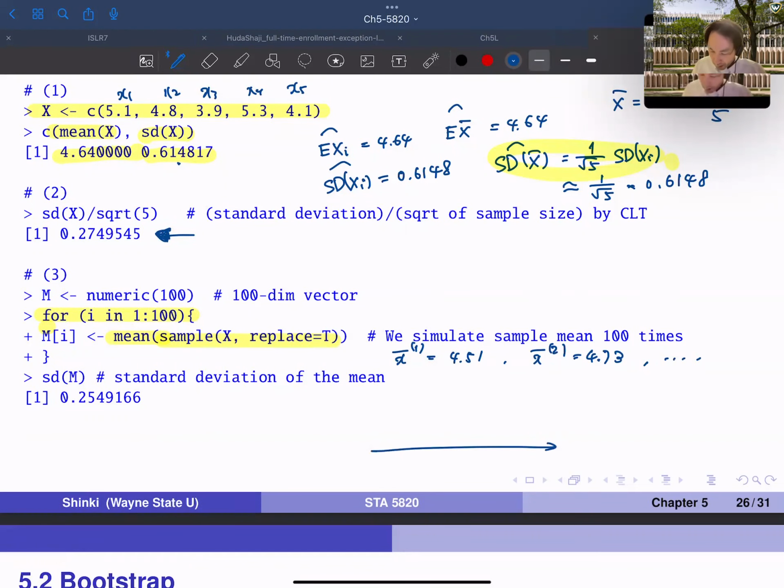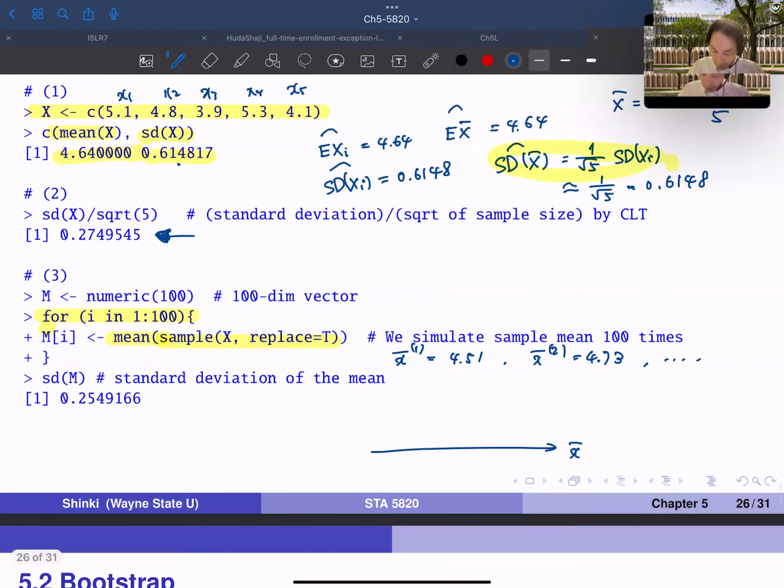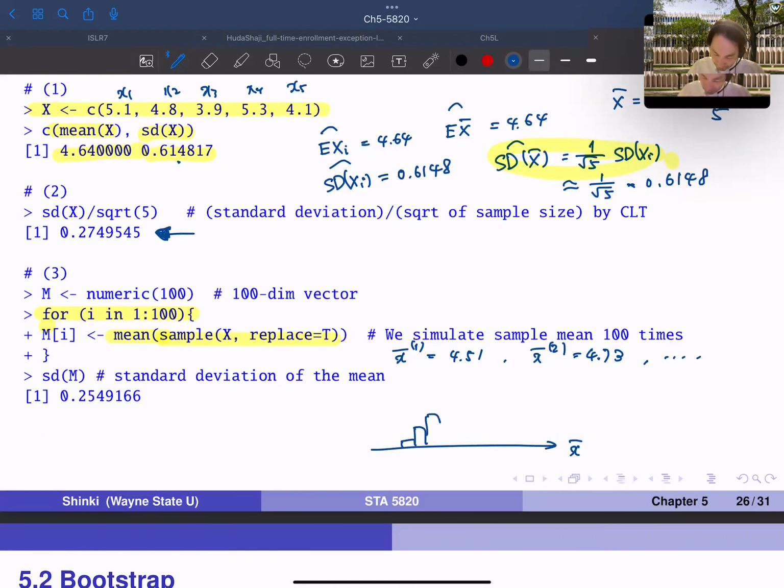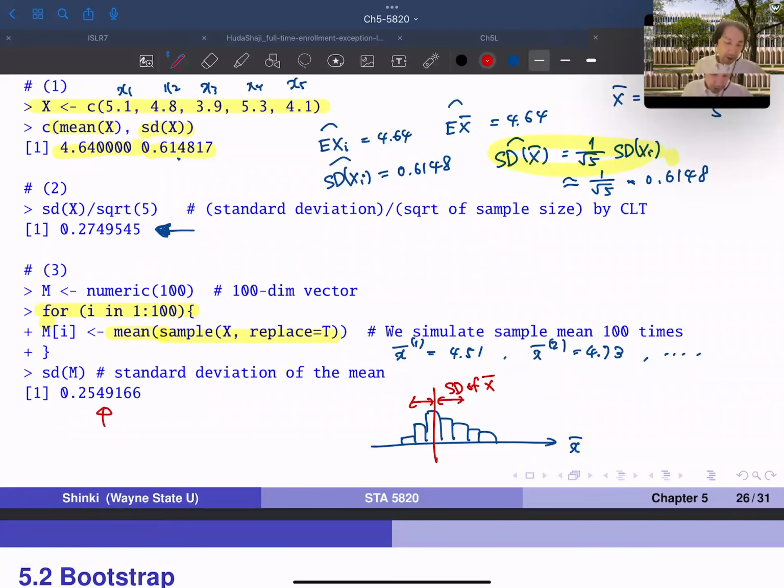Then we estimate the distribution of X bar, and we have some histogram. Then we can get the standard deviation of X bar. That is 0.254. This is slightly small because of two reasons, but at least this is reasonably close to this answer. Okay?